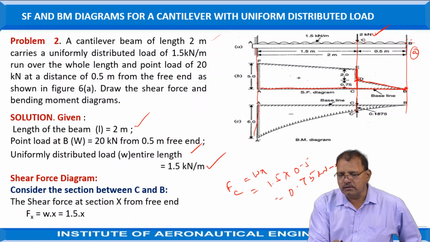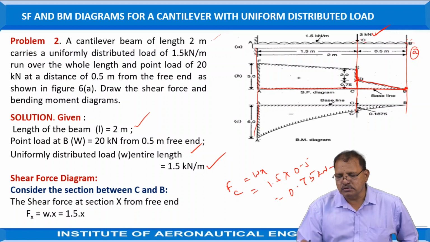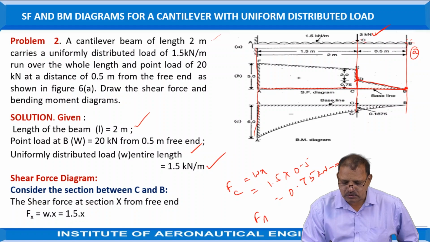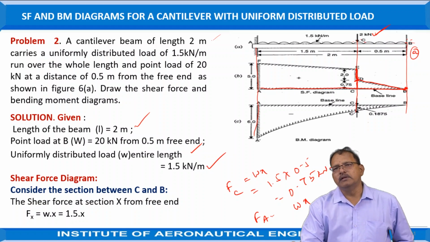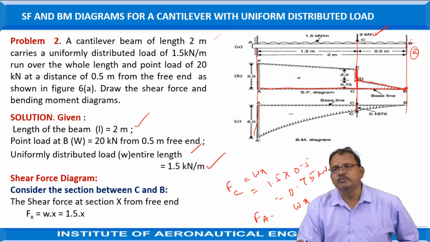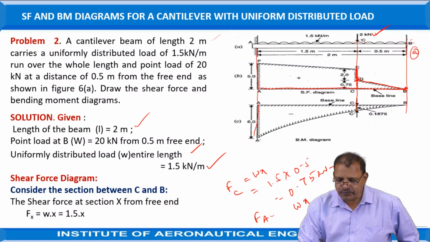Now at A, the shear force is equal to the unbalanced force. Here F at A is equal to, we can take it as W into X, that is, W, the uniformly distributed load, into X, equal to the length of the beam, plus the 2 kilonewtons, which is also acting in the downward direction, we have to take it.